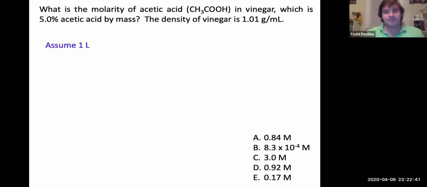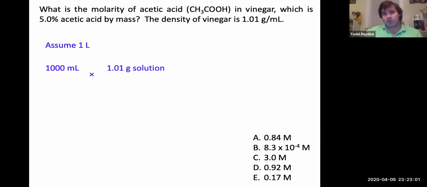Okay. In order to make our lives easier, we're going to choose a nice round number. Again, it doesn't matter how much we choose to work with. We could start with volume. We could start with 1 billion liters. Let's just start with 1 liter. Make a nice round number. So 1,000 milliliters.